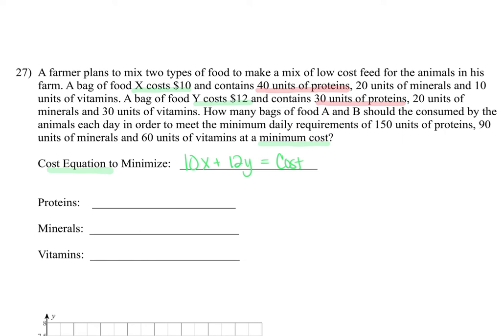I need a minimum of 150 units of protein. That's one of my limitations. You'll notice your cost equation only had 2 pieces, right? It didn't have 3 different things talking about it. Your constraints will have 3 things. It'll usually have this, and it has to be within this, or it'll at least tell you between these 2, and that's a limitation. But your cost or your profit will just tell you one thing about each of those pieces, okay?